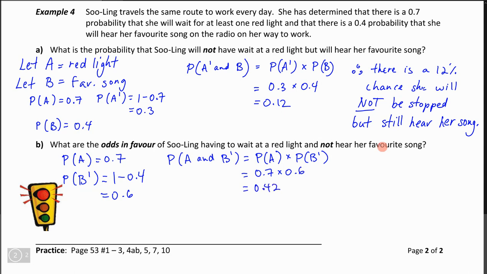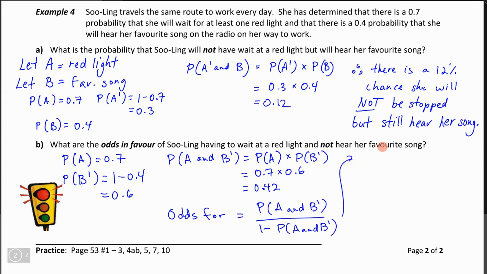Okay, so if I'm looking for the odds in favor, or the odds for, then I'm looking at dividing P of A and B prime divided by 1 minus P of A and B prime. And if I write that up here, it's going to be 0.42 divided by 1 minus 0.42.